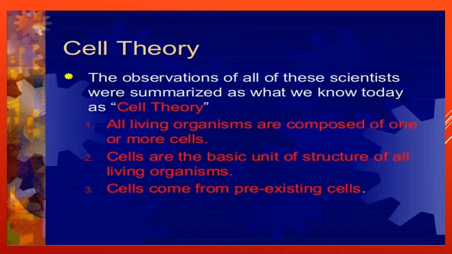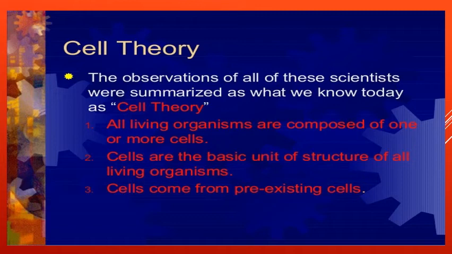Second point: cells are the basic unit of structure of all living organisms. Cell is the structural and also the functional unit of life. That means our body, our structure, our composition, all comes from the cell. The cell is making up the living body.